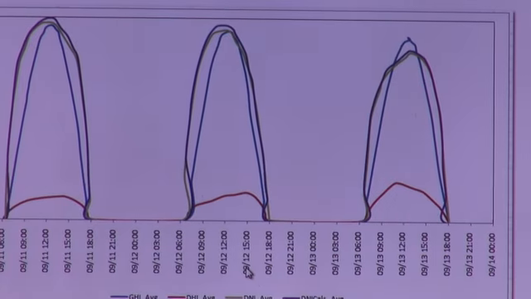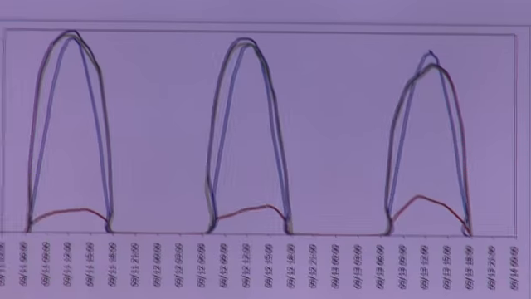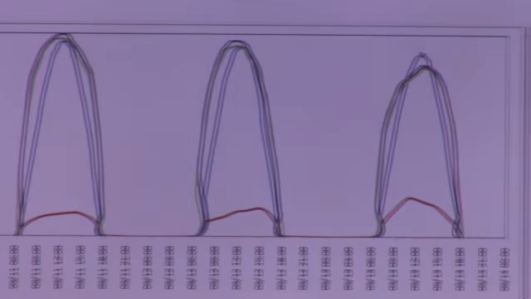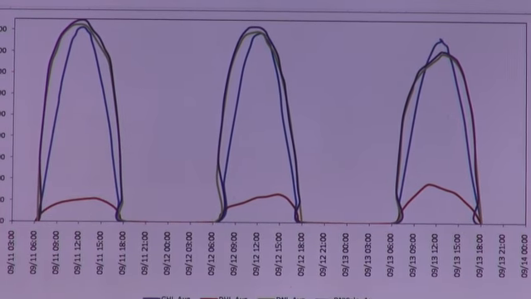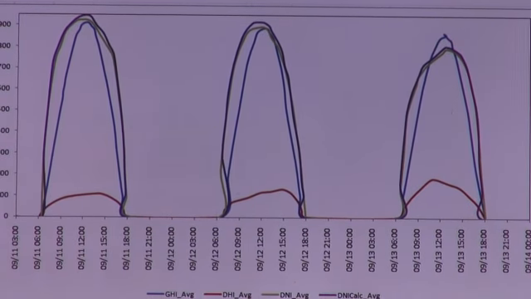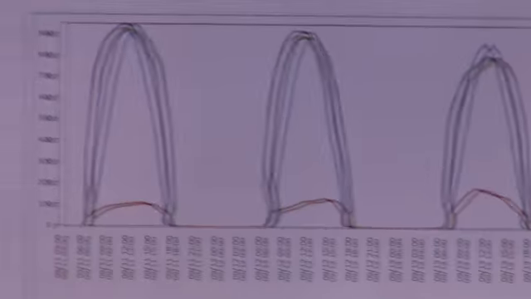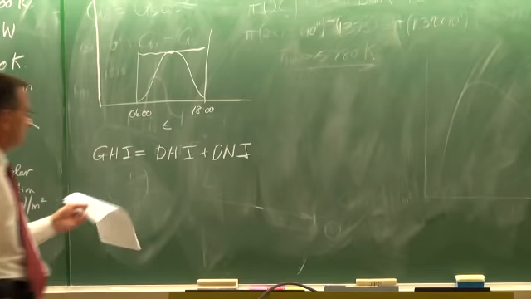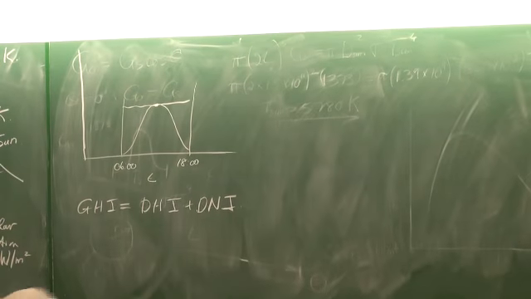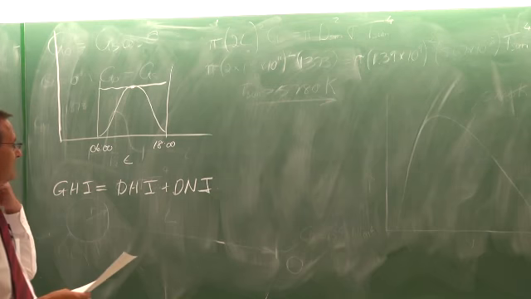The diffuse radiation. Okay. So the GHI is equal to the DHI plus the DNI.